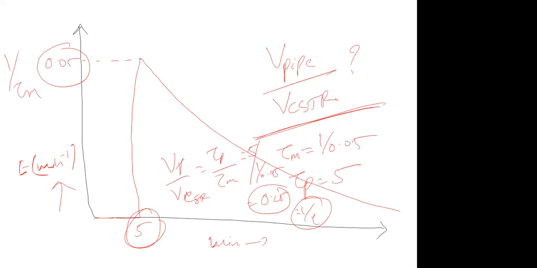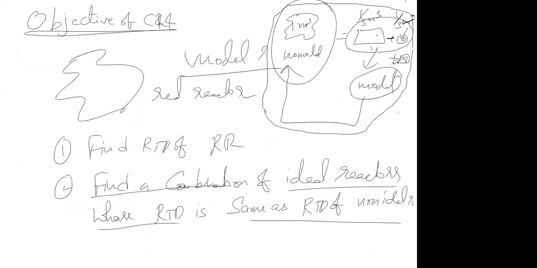Write this problem. A pulse of tracer is injected into the CSTR of residence time tau.